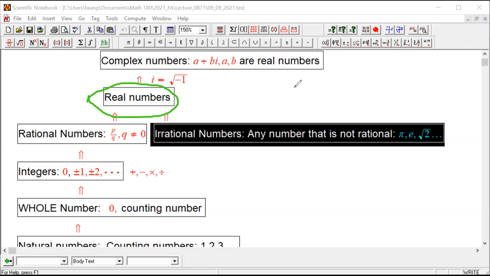Now, I took a complex analysis course in my junior year in college. So you don't have to worry about that for a long, long time. So just be with me on real numbers, would you? But you do need to know about irrational numbers because you deal with them.